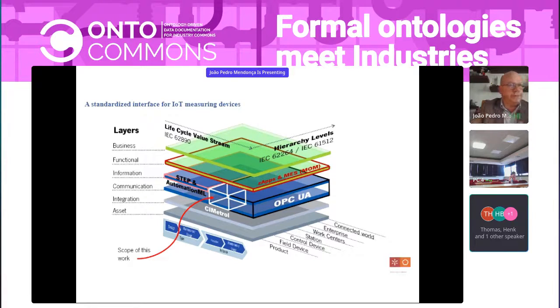So this is the RAMI picture. For sure you know all this picture. But what João was trying to identify was how to bring this data, the data shared among these levels, and shared among, let's say, the connected world itself and the product itself that he was trying to measure. So, trying to answer you, Alexandru, there is a whole context that we require. So this is a large challenge.